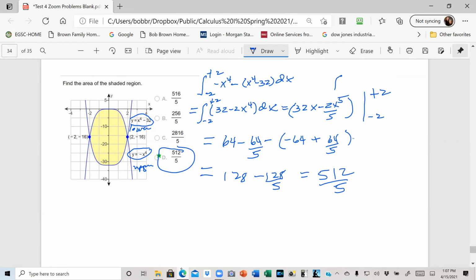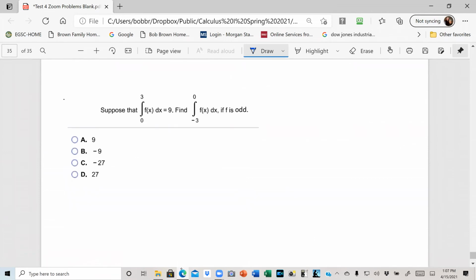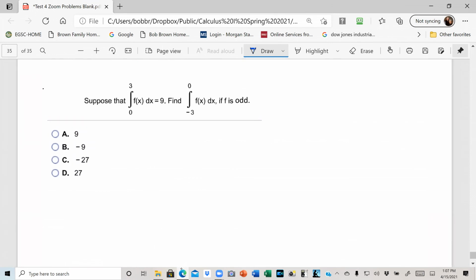So the last problem is very simple if you remember what an even and an odd function looks like. Suppose that the integral of f of x dx between 0 and 3 is equal to 9, and you wanted to find the integral from minus 3 to 0 if f is odd.